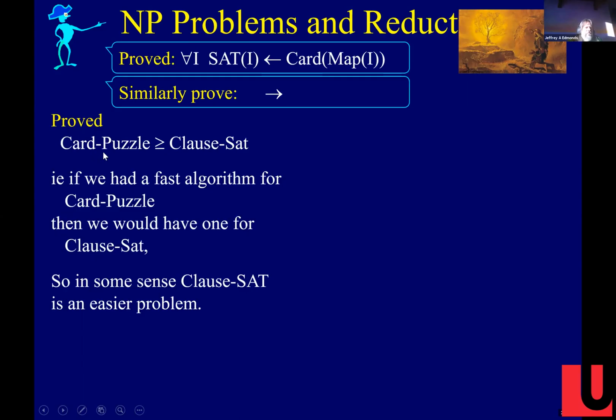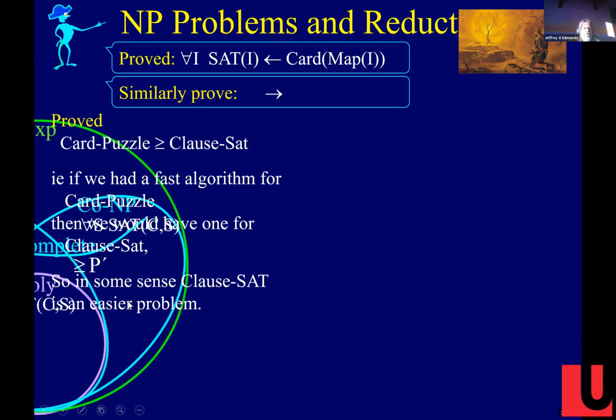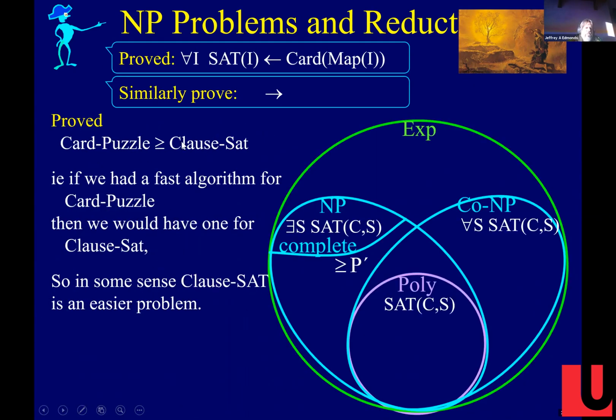Because if we had an algorithm for the card problem, then we would have an algorithm for the clause problem. But our belief is that we don't have an algorithm for the clause problem. We believe that the clause problem is hard, but the card problem is at least as hard. See here, we put the card problem above the clause problem. Everybody get that? And that makes them both what we call NP complete.